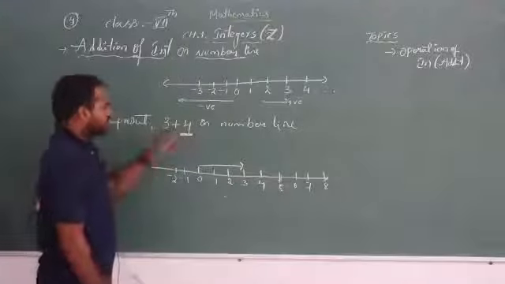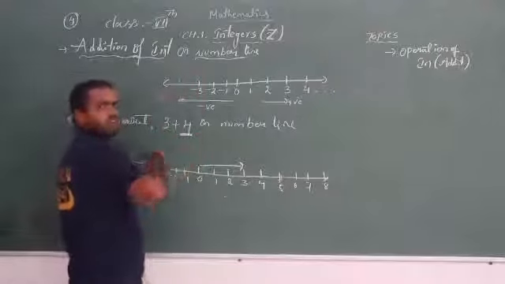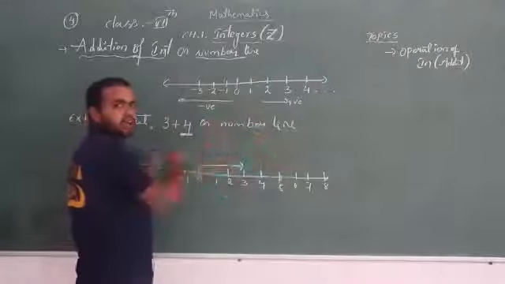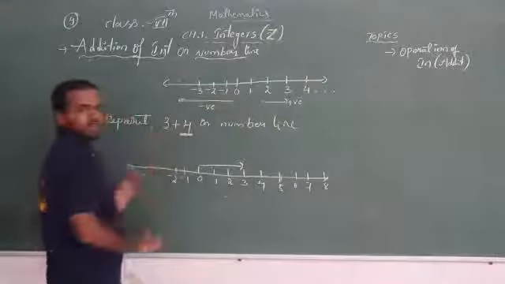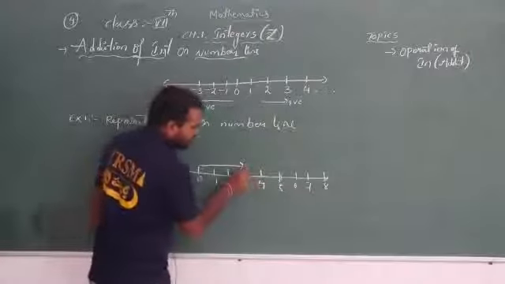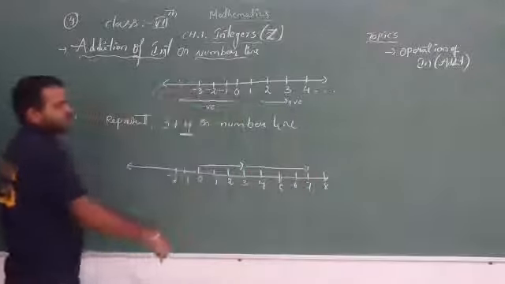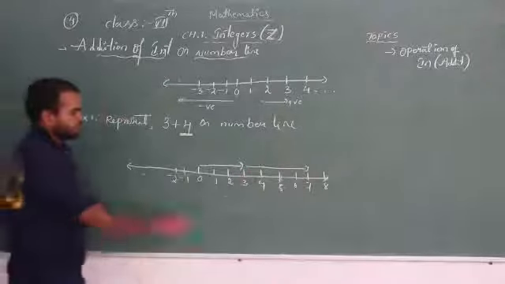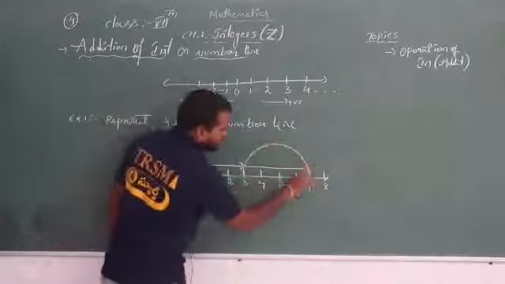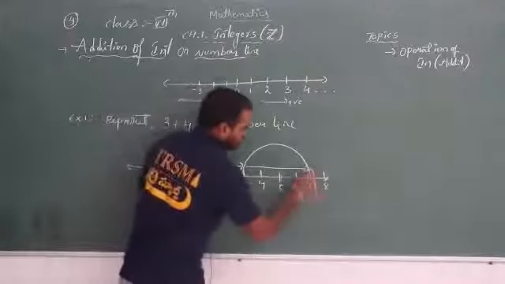So we are adding 4, so we have to move right on the number line, 4 places. From 3: 1, 2, 3, 4. Where does it stop? If you make the jump of 4 places from 3, it is nothing but 7.